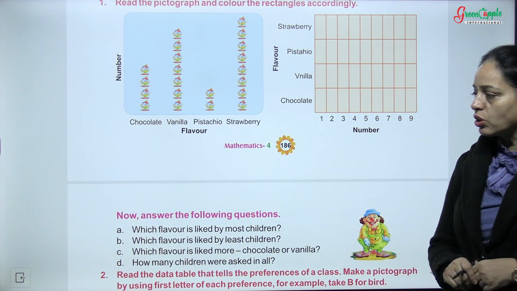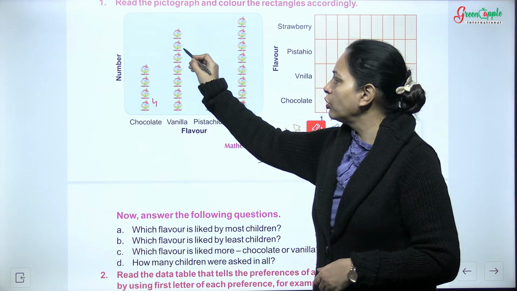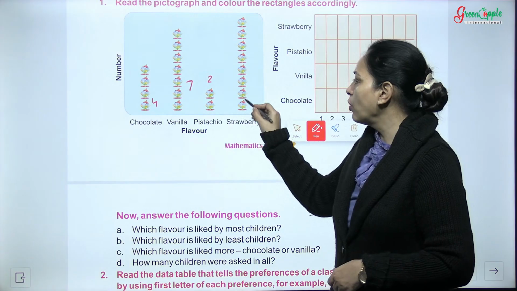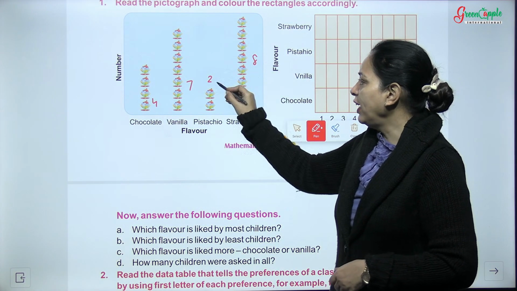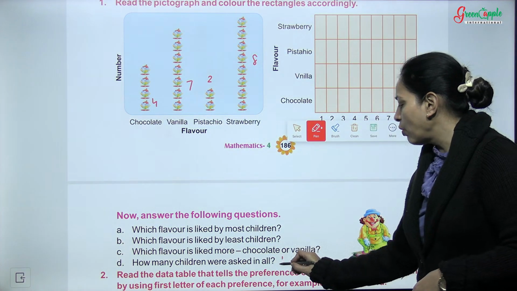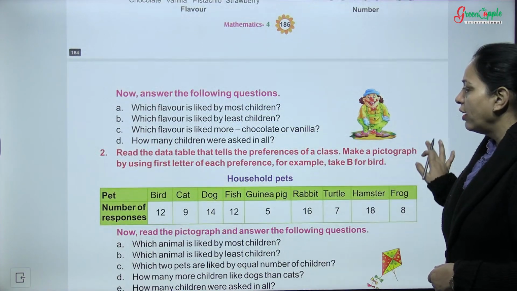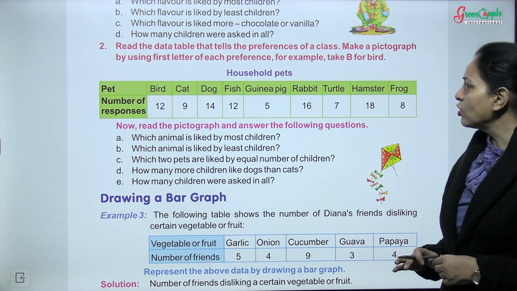So just count the total. Chocolate 4, vanilla 7, pista 2, strawberry 8. 8 and 2, 10, 7, 17 and 4, 21. Total 21.